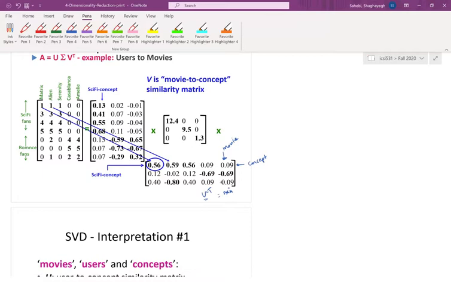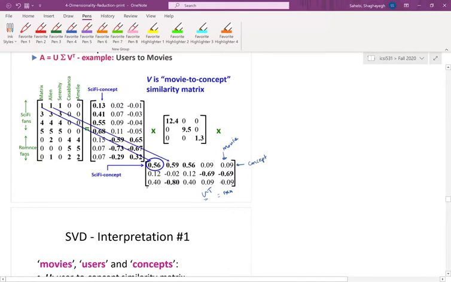What it shows can be interpreted as a similarity between movies and concepts. In other words, it is telling us how much each concept is represented in each movie. So for example, if you look at Matrix, we can see that it's mostly sci-fi.